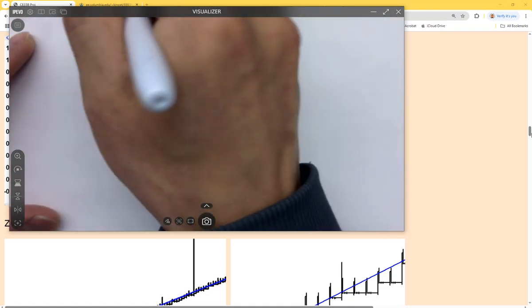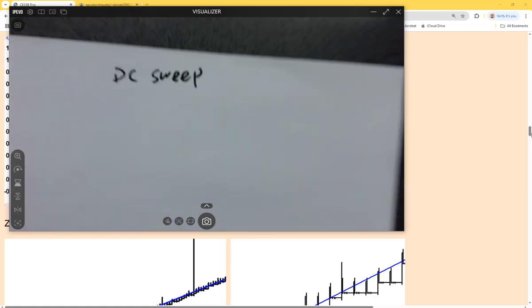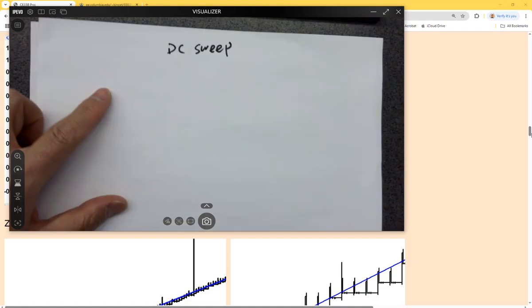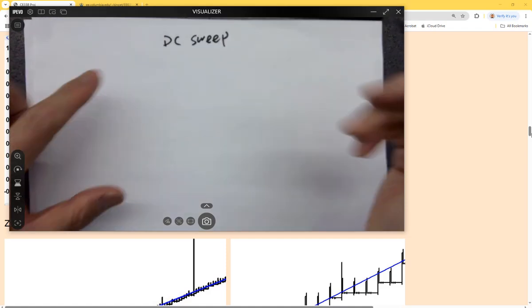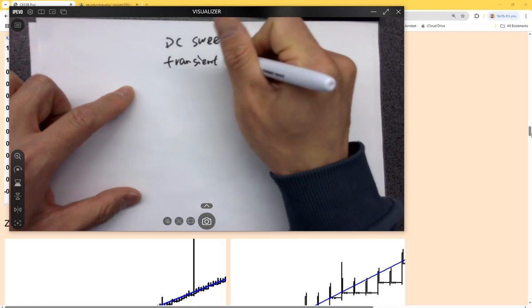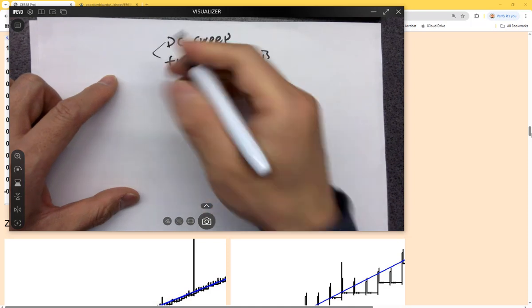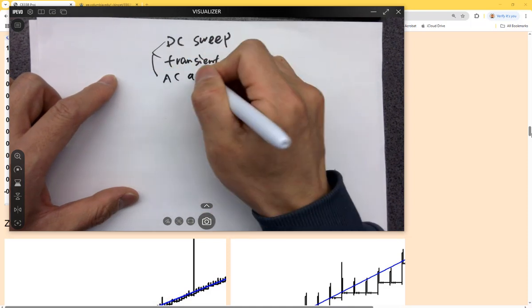In SPICE, this can be interview questions, super basic. Okay, DC sweep, transient analysis. Still remember these terms? AC analysis.